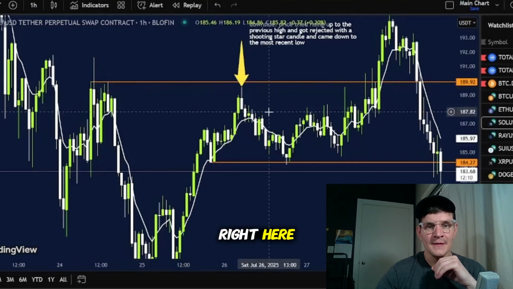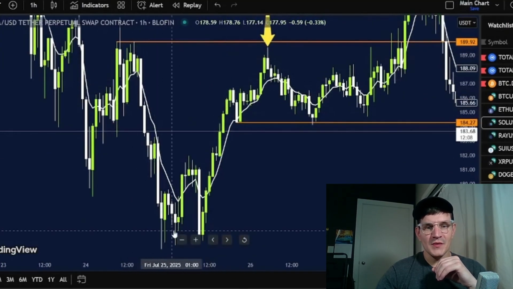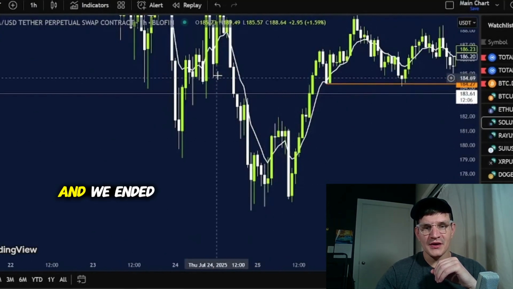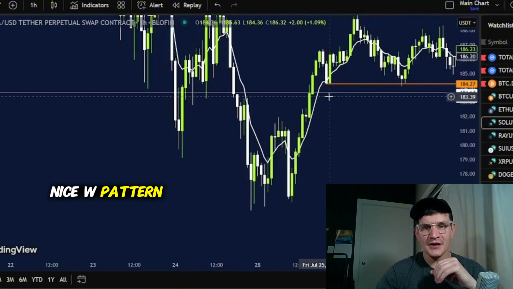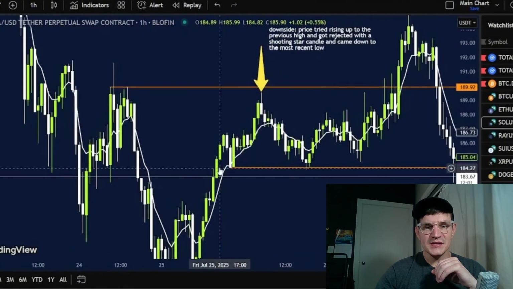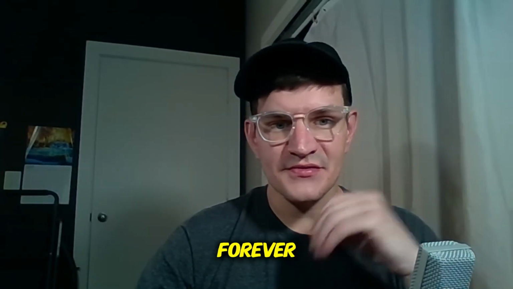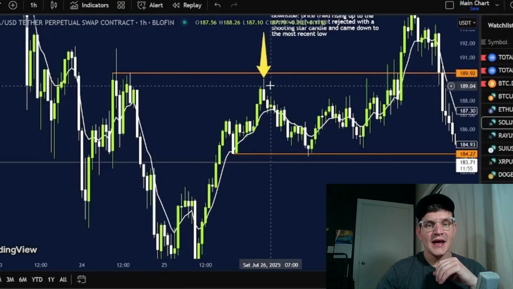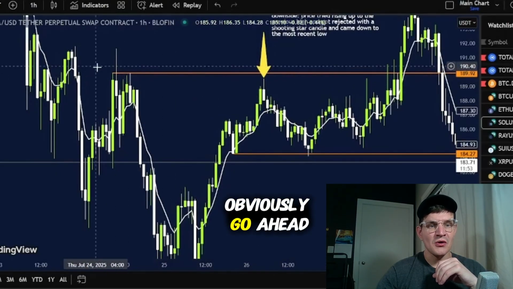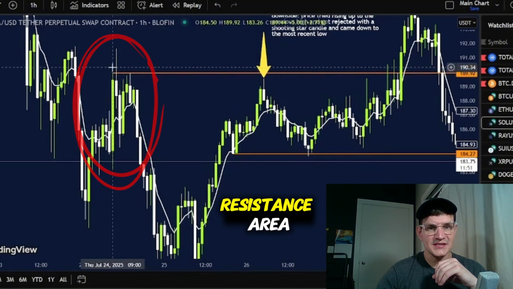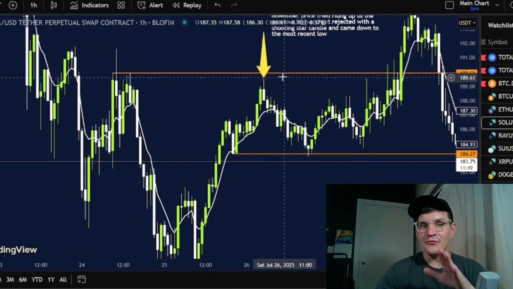When we came all the way down and created this nice W pattern, we started to go back up, which is cool and all, but it's not going to last forever. It tried to break this resistance area up here, but it did not reach it, and instead it rejected it.